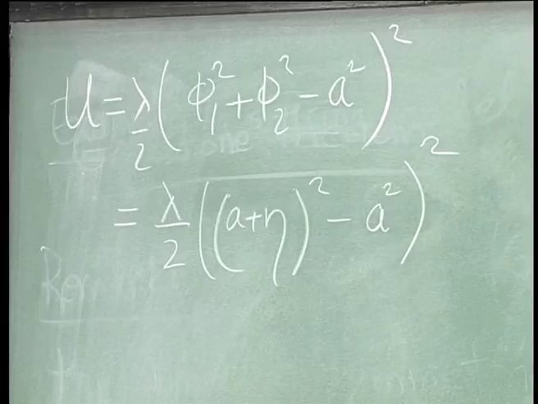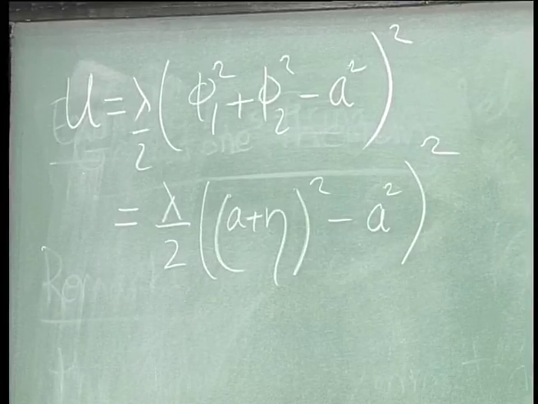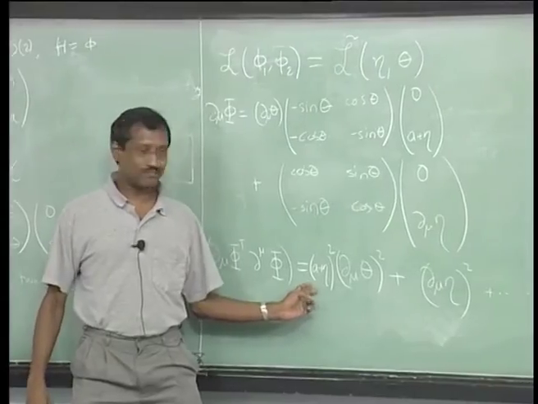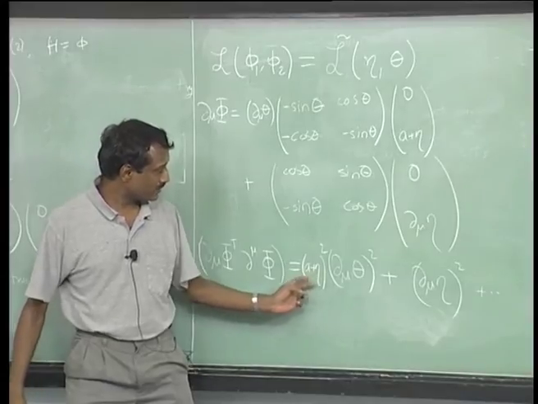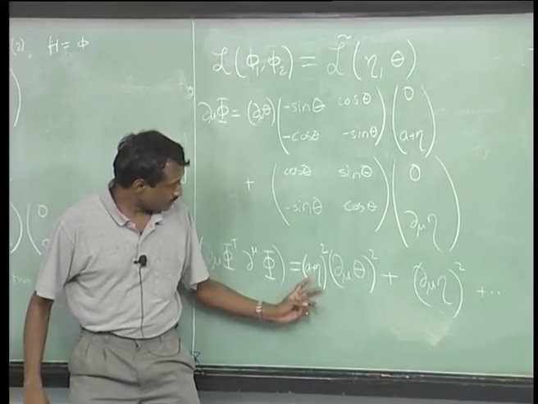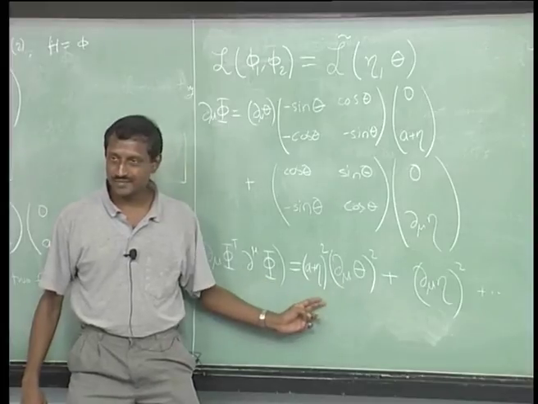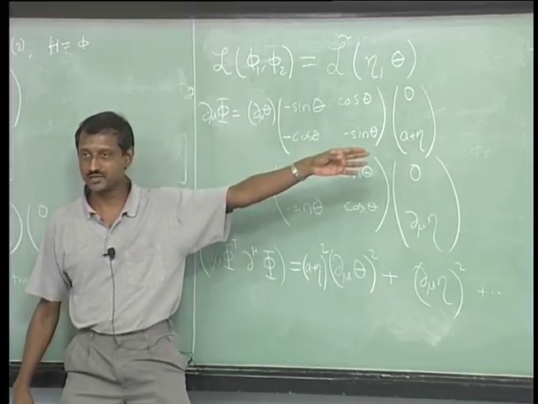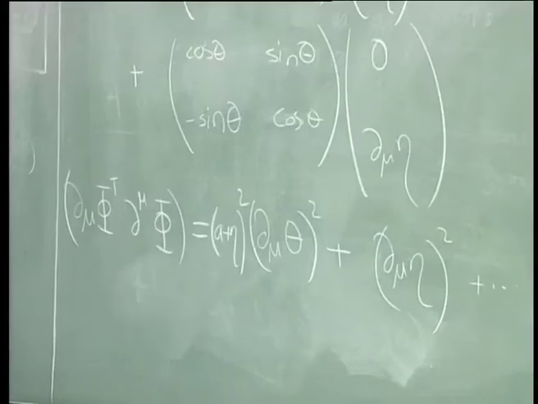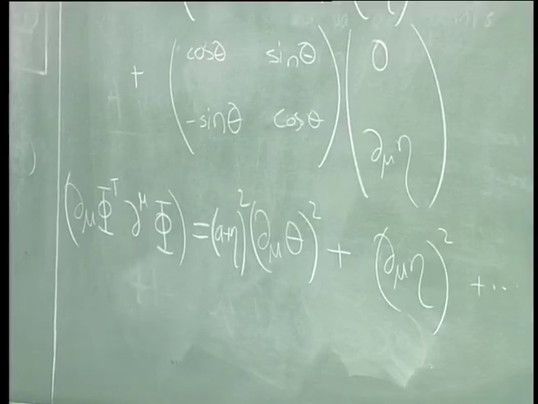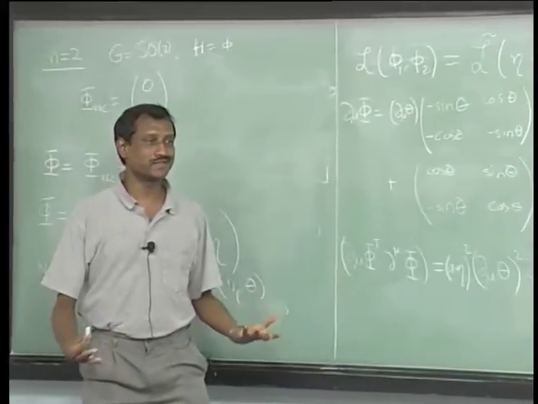Okay. So, now let us look at this thing. This has a kinetic energy term for theta, but there is no potential energy for theta, it is completely flat. Okay. So, this is your massless excitation.